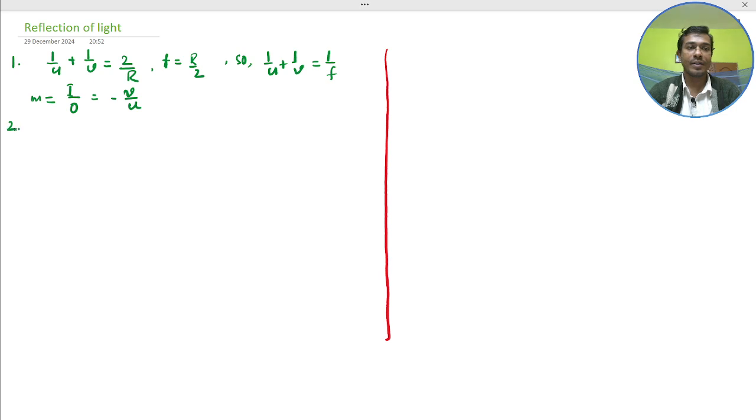Next, the ray diagrams for a concave mirror.